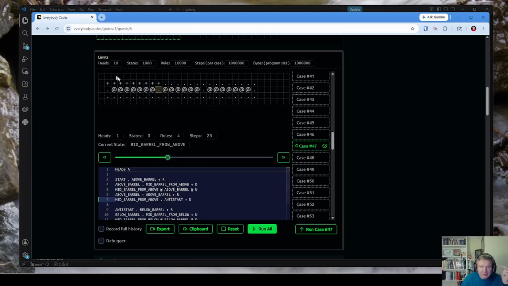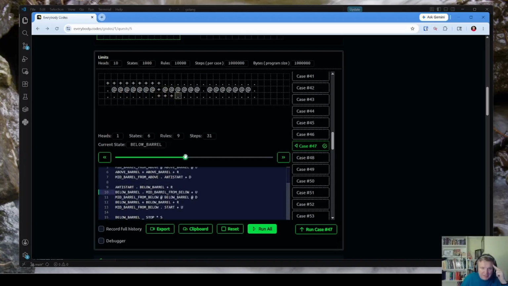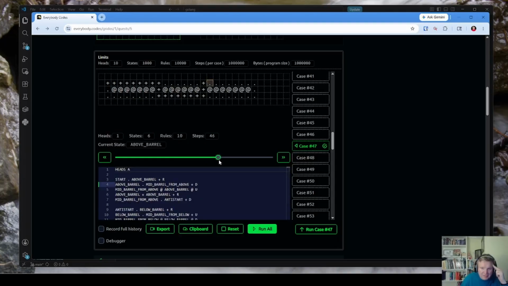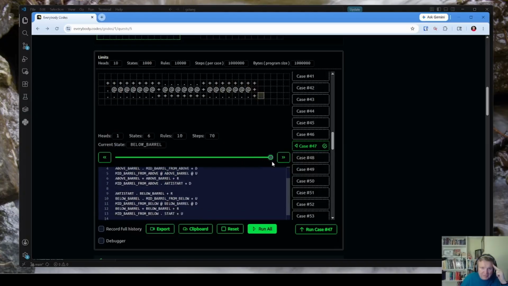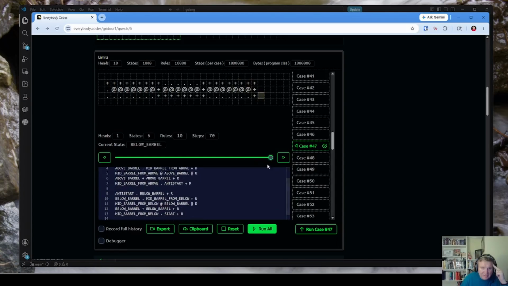And anti-start is just the start state, but for being below the barrels. I am below the barrels, and I constantly check that there's a barrel above me. I go up, and then I check again, and check again, and check again, as we see. So that's the basic pattern.